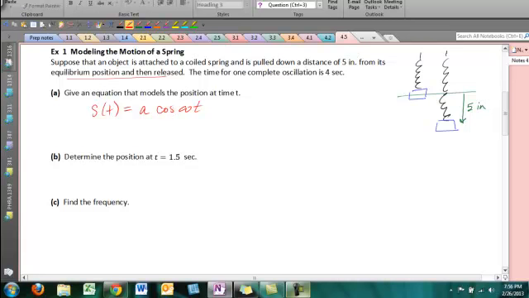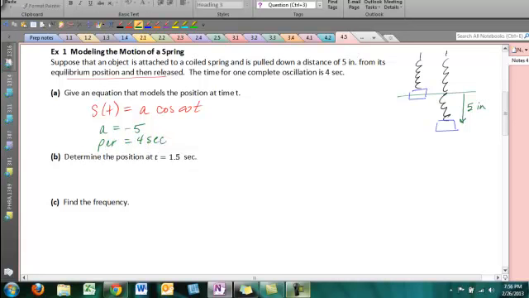The next thing that I'm given is that it's pulled down a distance of 5 inches, so a in this case would be -5. We also know that one complete oscillation is 4 seconds. In other words, the period here would be 4 seconds.